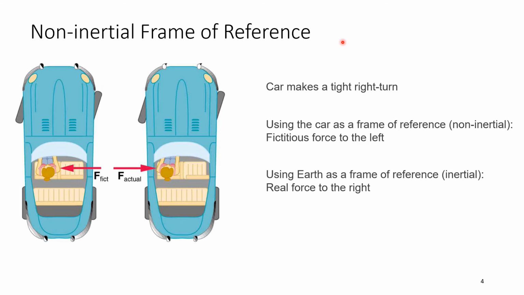There is a real force to the right on the car to make it turn. The car is a non-inertial frame of reference because it is accelerated to the side. The force to the left sensed by the car passengers is a fictitious force having no physical origin.